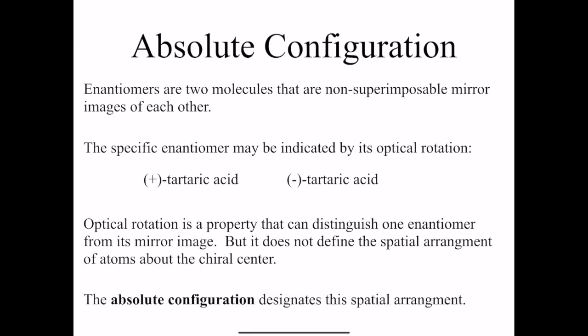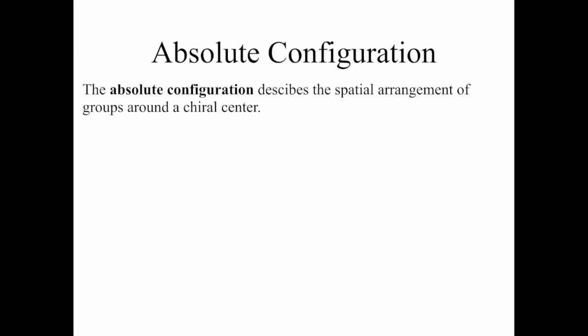We use the absolute configuration to make this designation. The absolute configuration describes the spatial arrangement of the four groups about a chiral center.